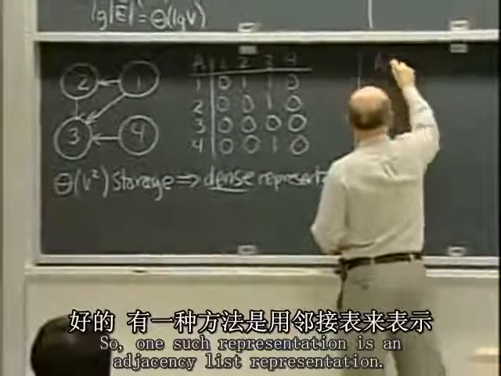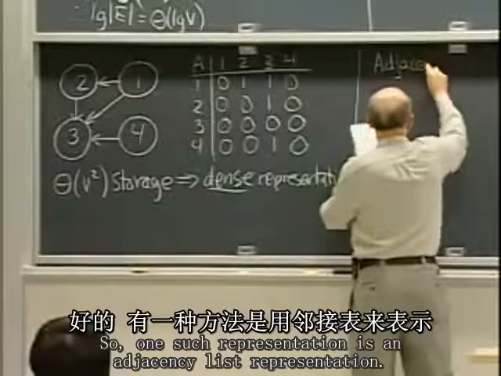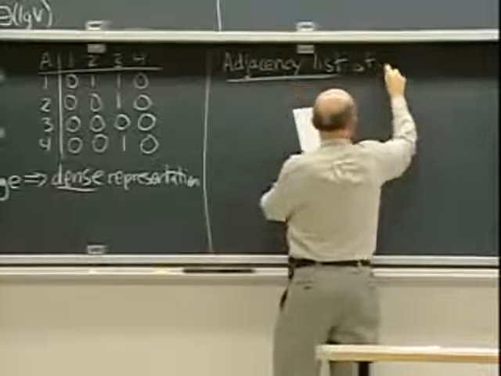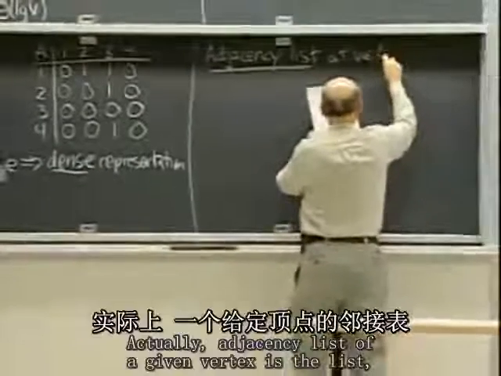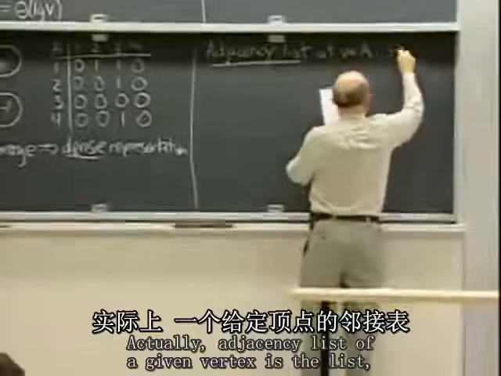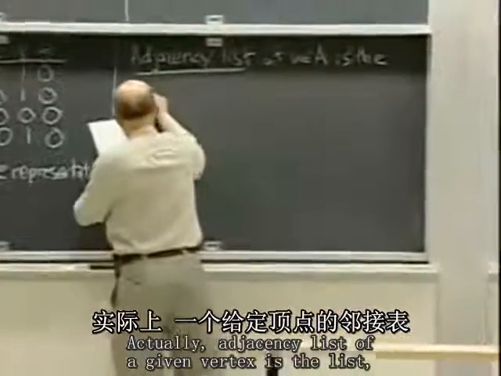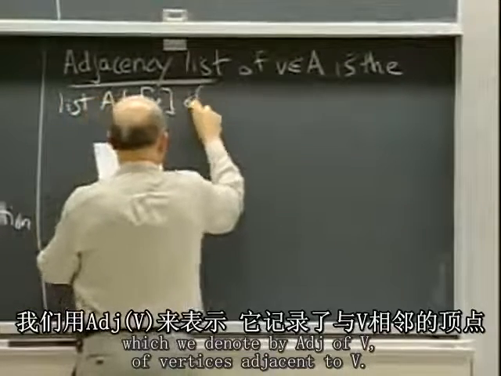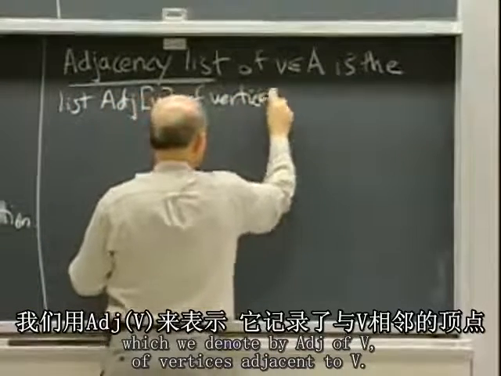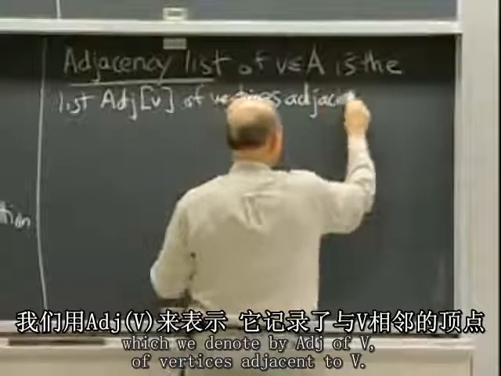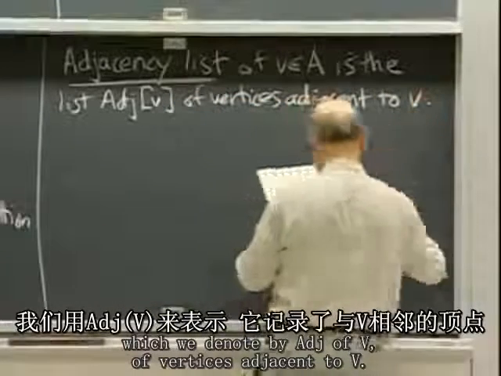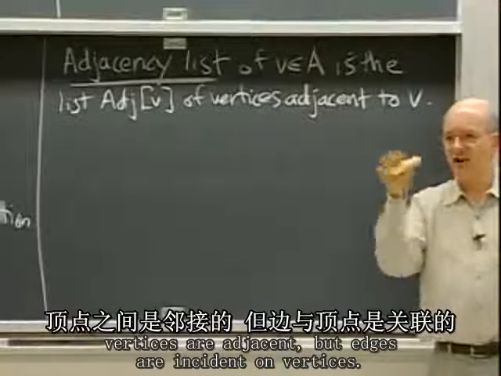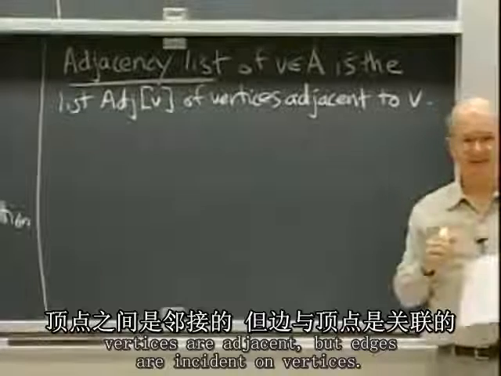So one such representation is an adjacency list representation. The adjacency list of a given vertex is the list, which we denote by Adj of V, of vertices adjacent to V. Just in terms of terminology, vertices are adjacent, but edges are incident on vertices.